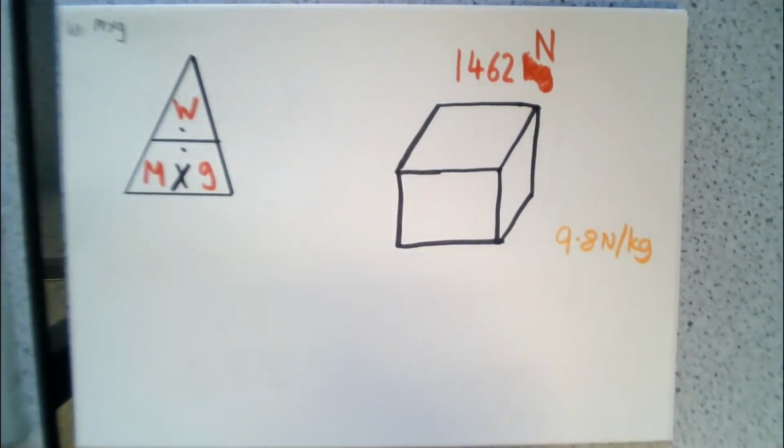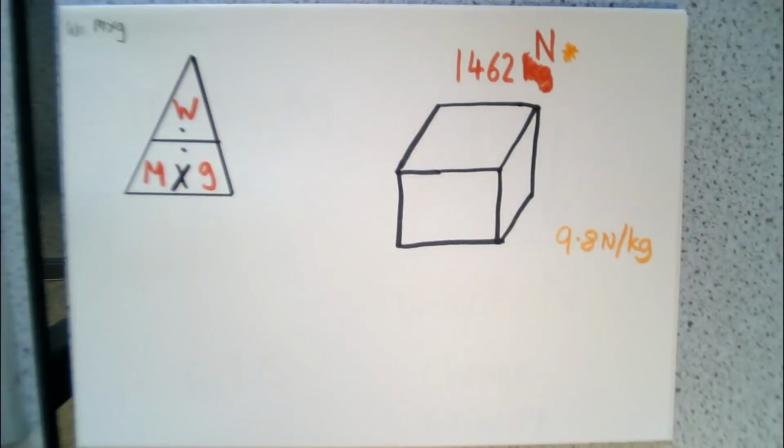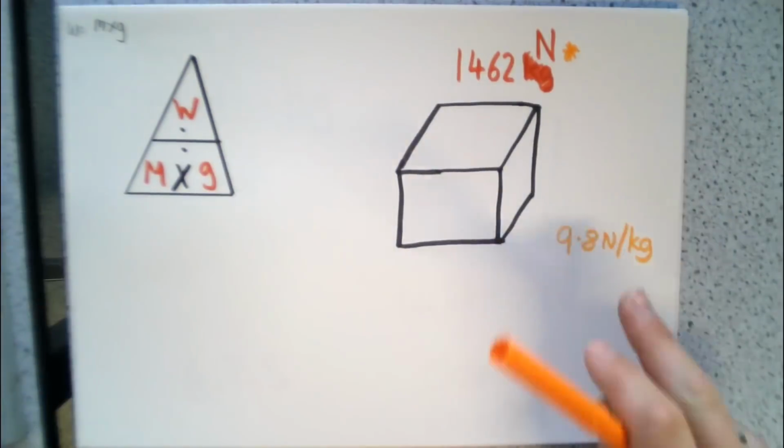So I've got a box and it has a weight, not a mass. You know it's a weight because it has got something in newtons. It's got a weight of 1,462 newtons. And you'll notice I've been given a little number down there. It says on the specification, I've just checked, if you need the gravitational field strength for a weight, mass and gravity question, you will be provided with this value.